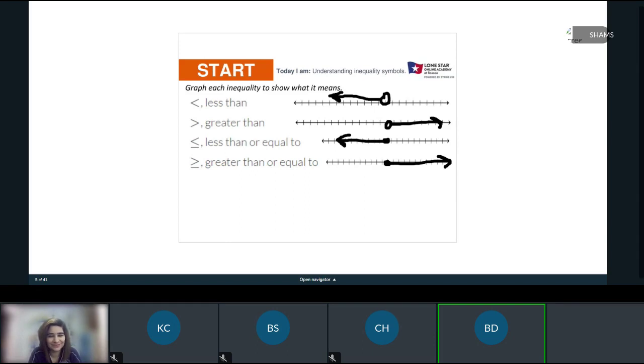But based off of what I'm seeing, if it's less than, if it's like equal, the circle's closed. Very good. And if it's not, it's open. That's what I've seen from this. Why do you think the circle is closed for less than or equal to? Let me think. Everybody think. See what we can come up with.